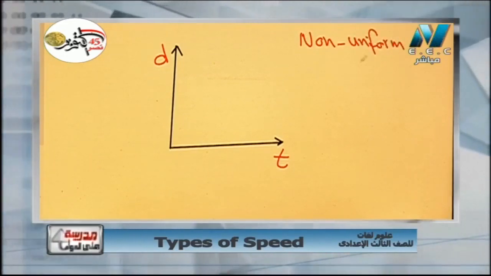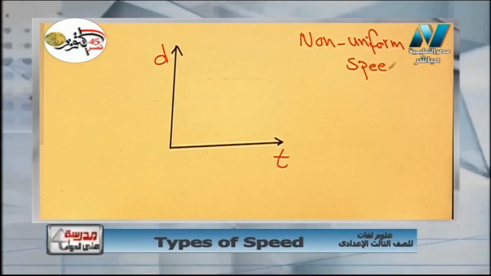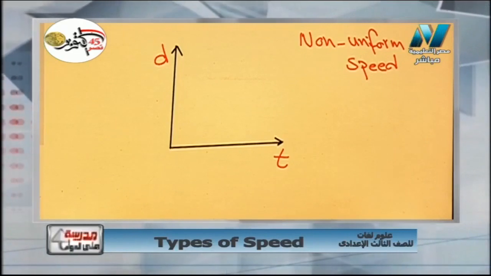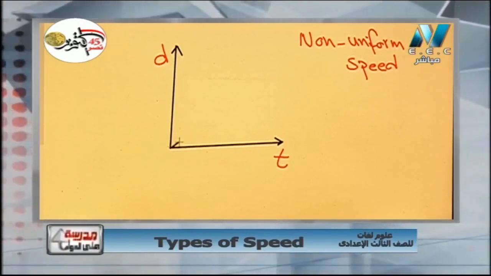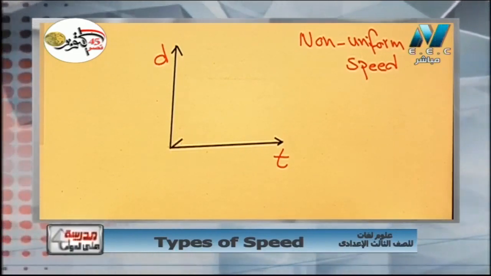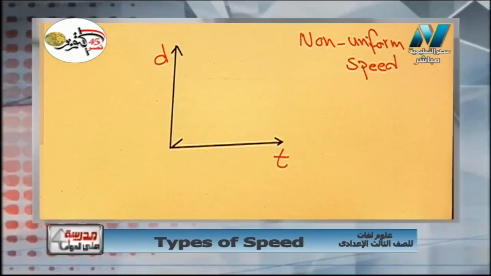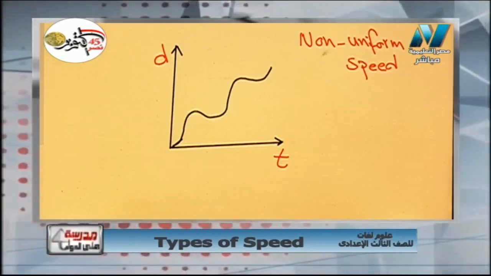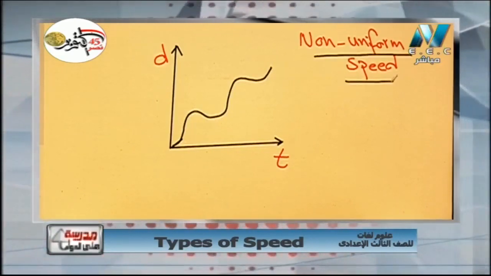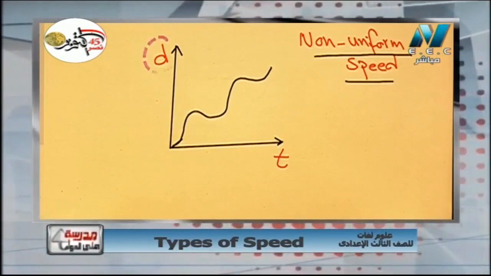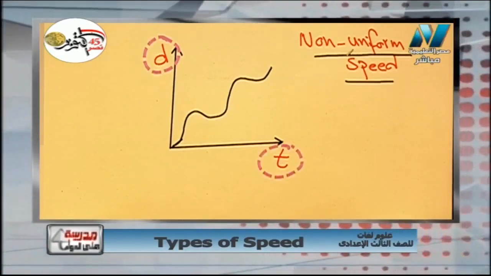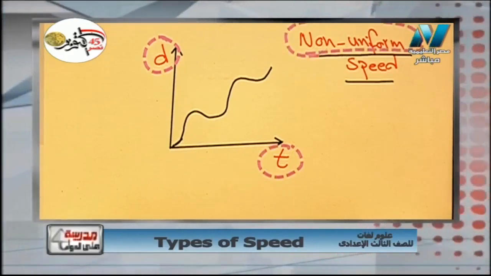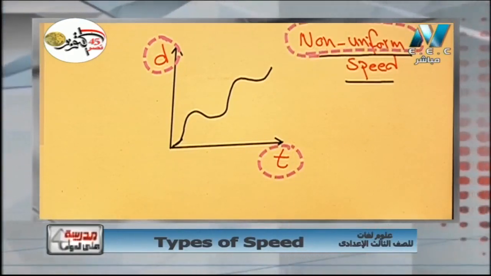The body covers unequal distances in equal periods of time, or vice versa. So we can draw this graph as a curved line because we talk about non-uniform speed. Speed, why? Because we have distance and time. But the type of this speed is non-uniform because the object covers unequal distances in equal periods of time, or vice versa.